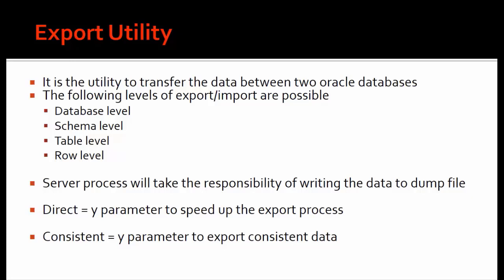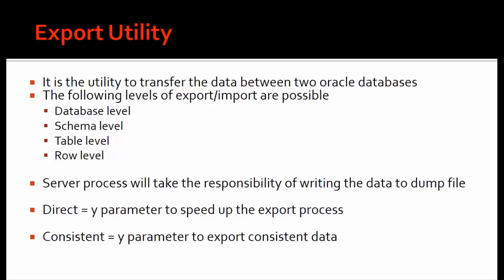Inside the database, a server process is responsible for writing data to the export dump file. When you're working with the export utility, in case you want to speed up the export process, you can use the direct=y parameter. The consistent=y parameter is used to export consistent data.